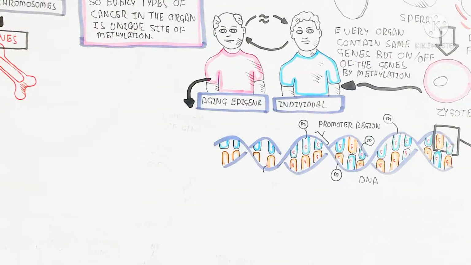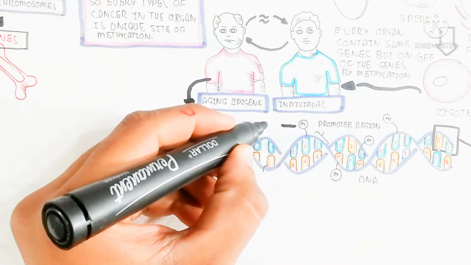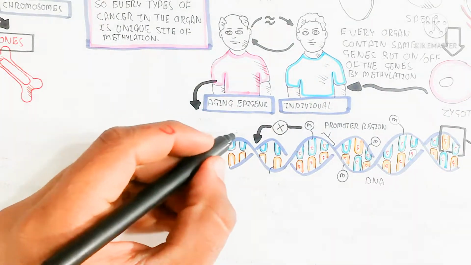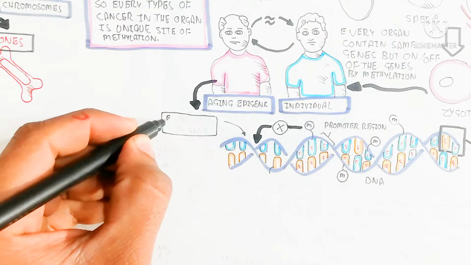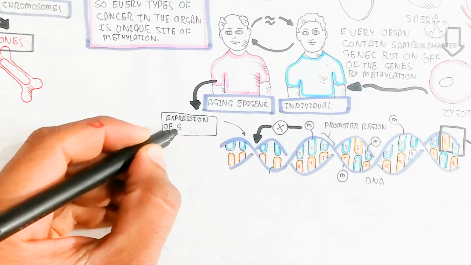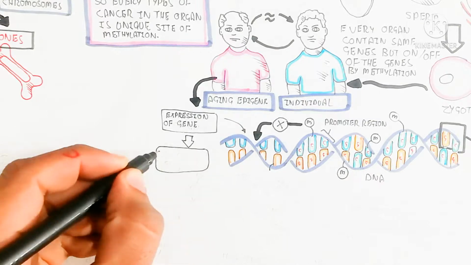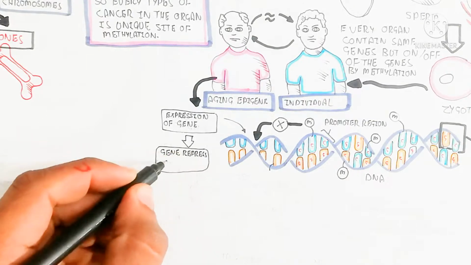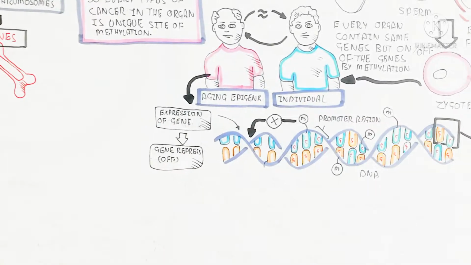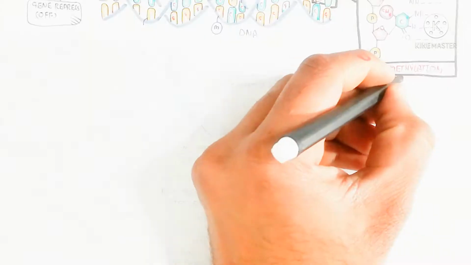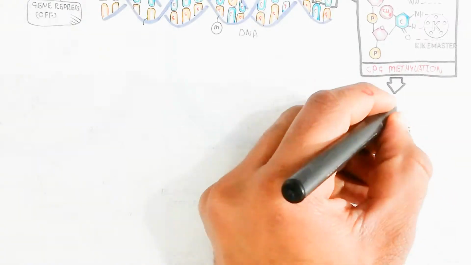If it is methylated, the promoter region will not express the gene for activation of the oncogene, so the oncogene's expression is repressed. But it can be expressed again with the passage of time, if radiation, some other external stimulus, or an age factor intervenes.